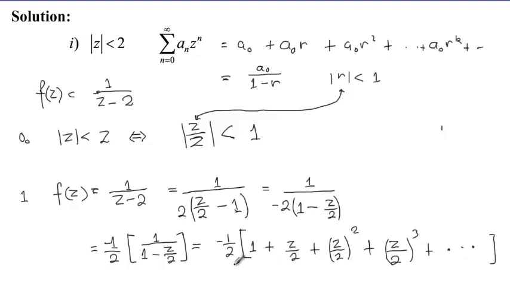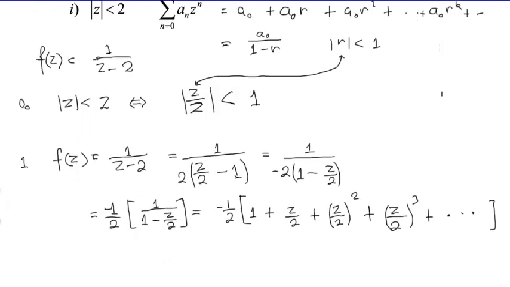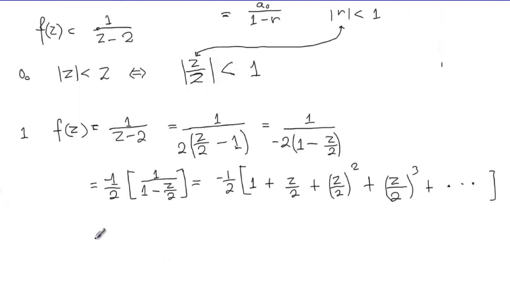Now I hope you can see that this sum, what you can call the sum of a geometric series in terms of r, which is z over 2, is developed this way. Now we can incorporate this half, which came as a result of this manipulation here, and we've got our power series as follows.